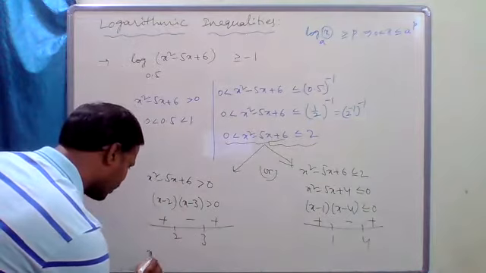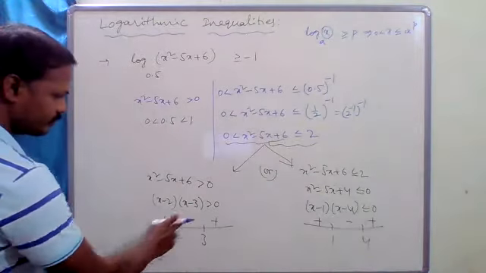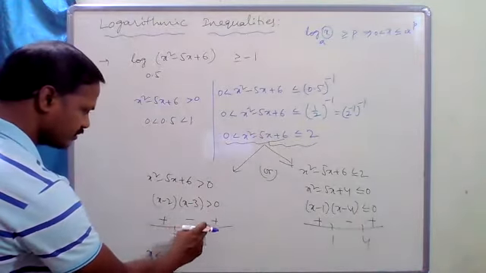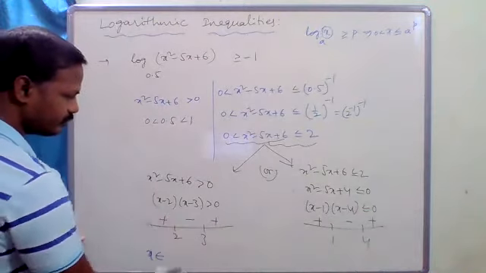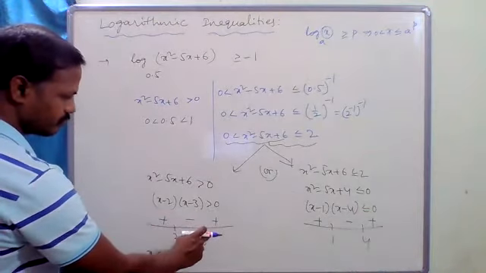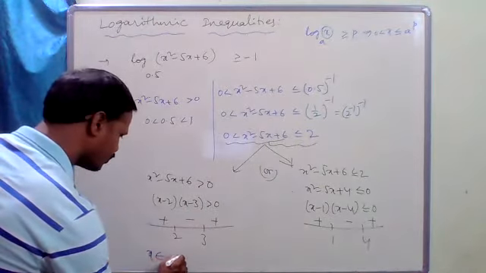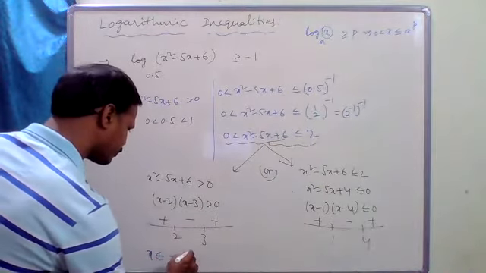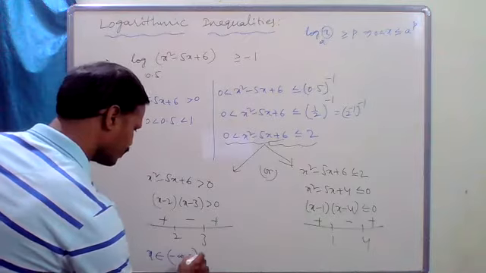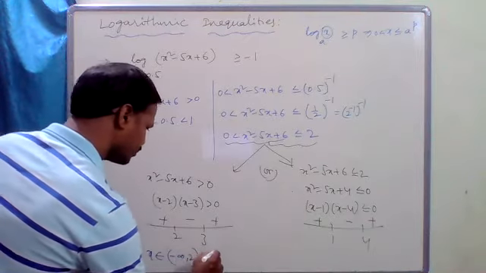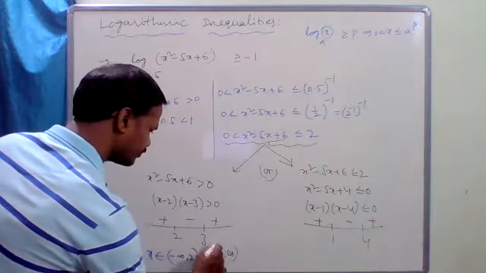Now x belongs to, for positive, minus infinity to 2 union 3 to infinity.